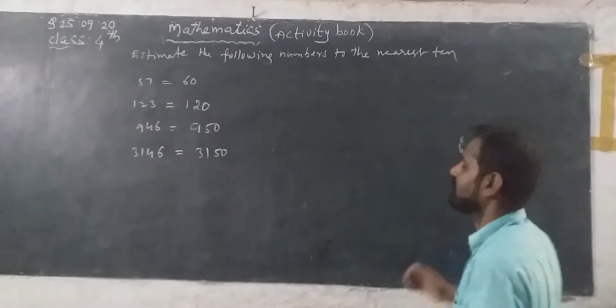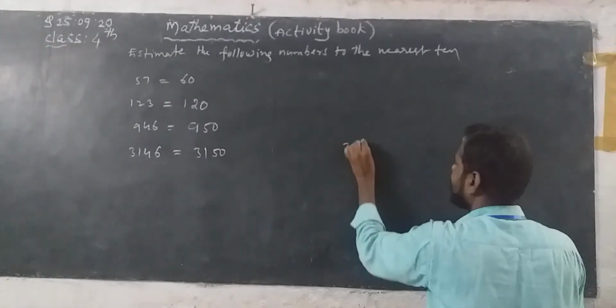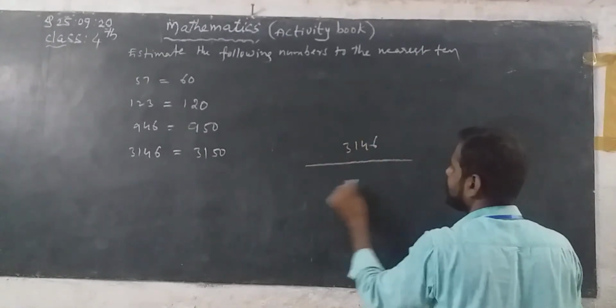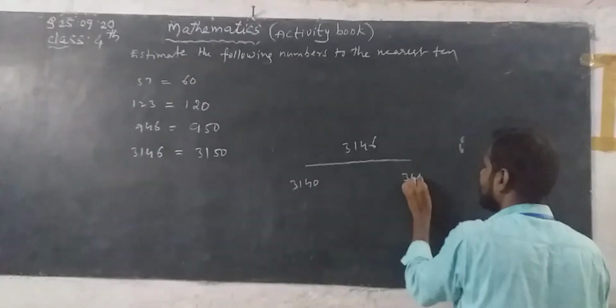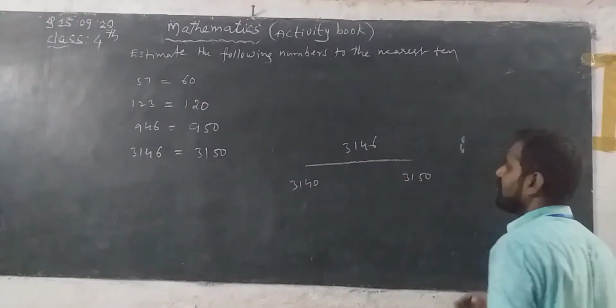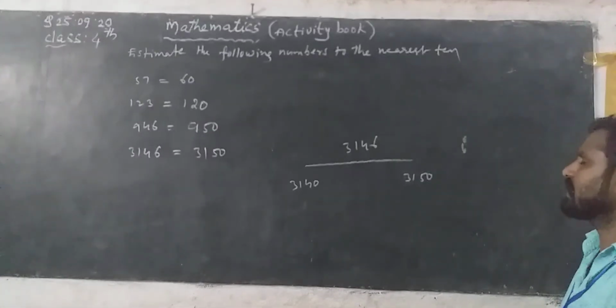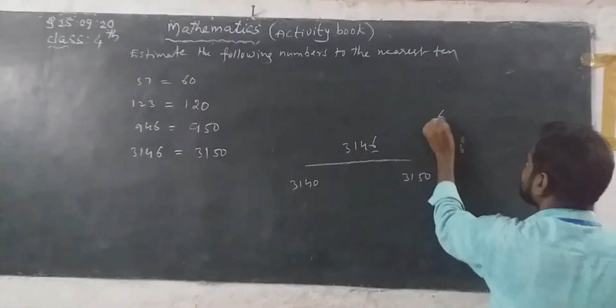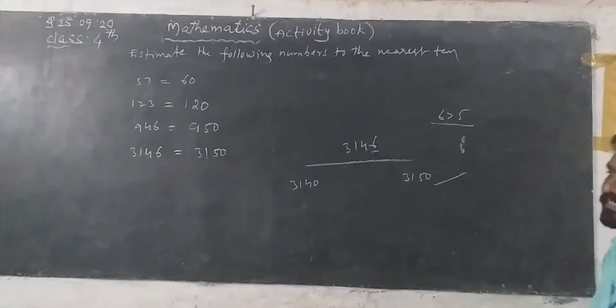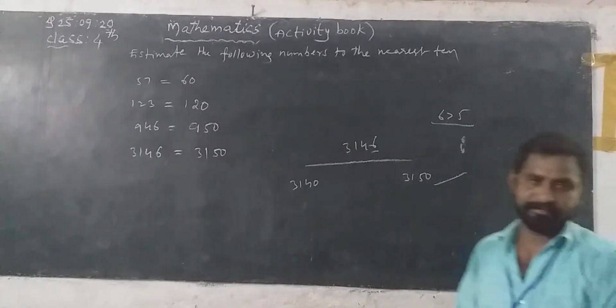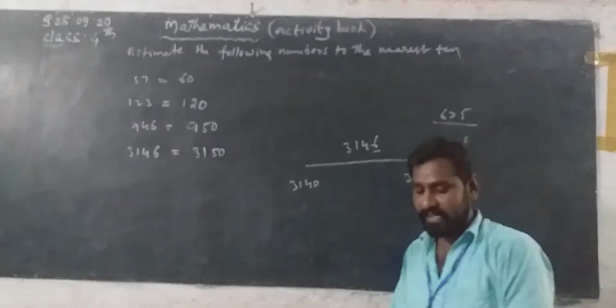No. See here. 3146 lies between 3140 and 3150. While you are rounding the given number to the nearest tens, you compare the digit in the ones place. 6 is greater than 5. Then you take the next tens, means 3150. Did you understand?